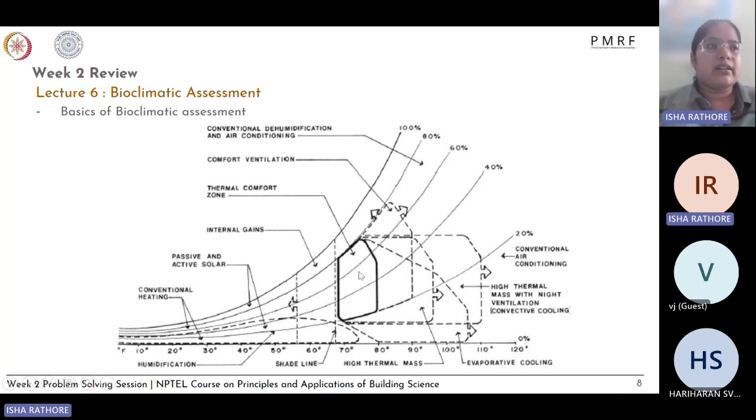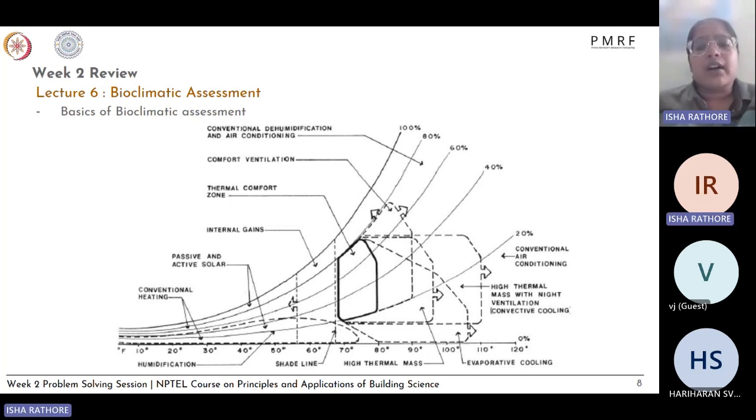So each of the hours in your year can be plotted on this graph based on the outside temperature variables. And so the number of hours which fall in this comfort zone are the hours which are by default comfortable.